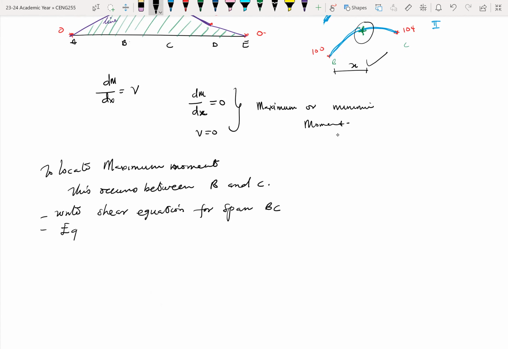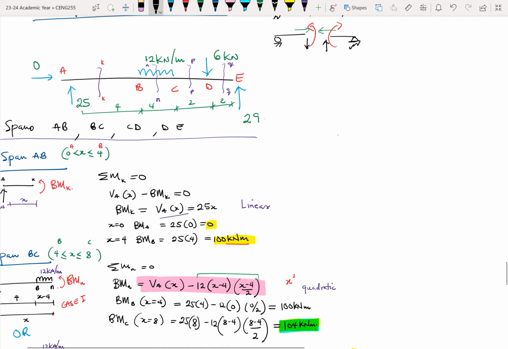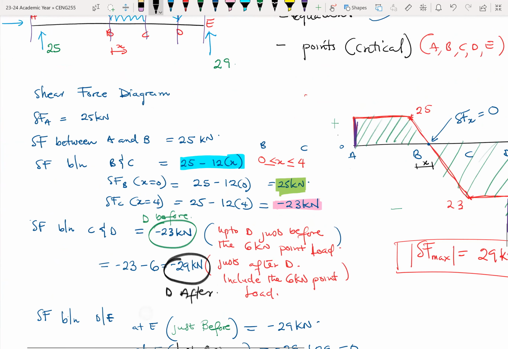Then equate it to 0 and find x. So let's see what this is. Let's go up to where? Okay, right here. Right to this space. So these are too many colors.